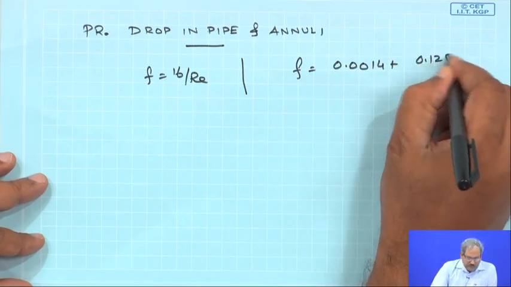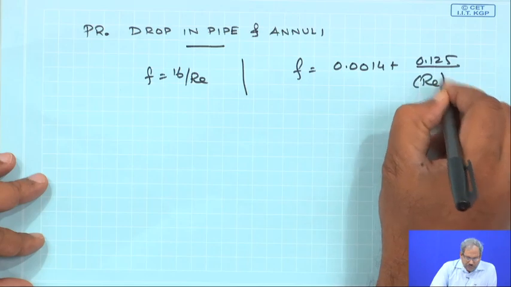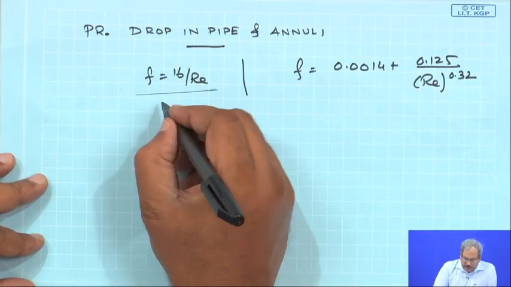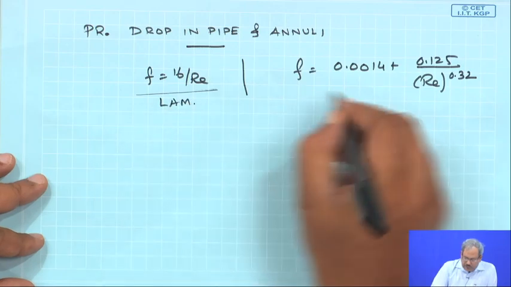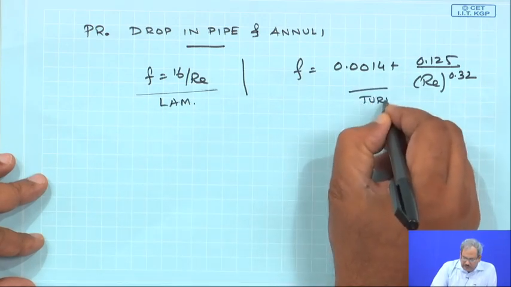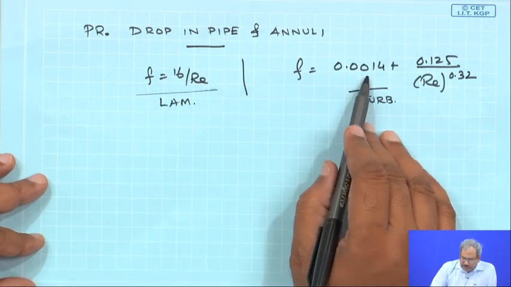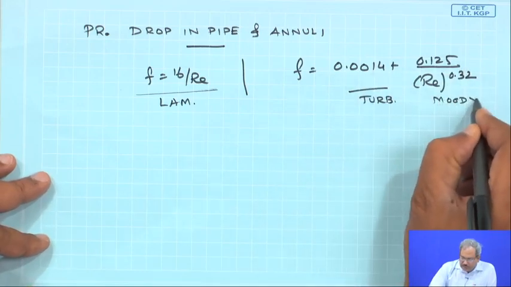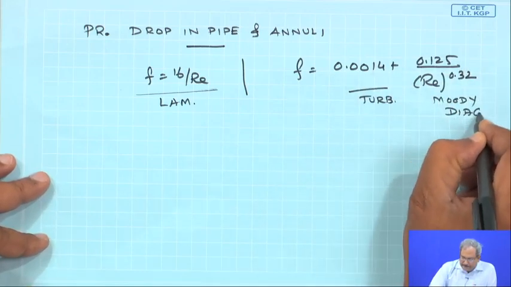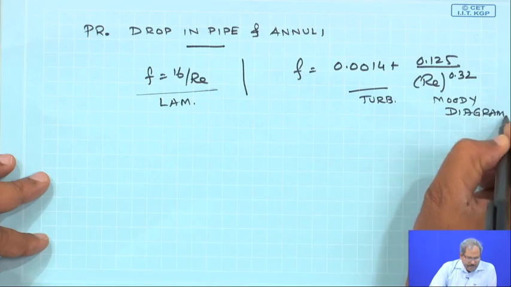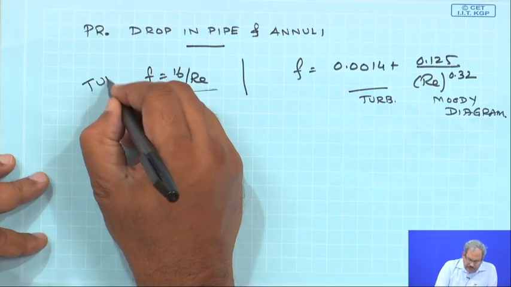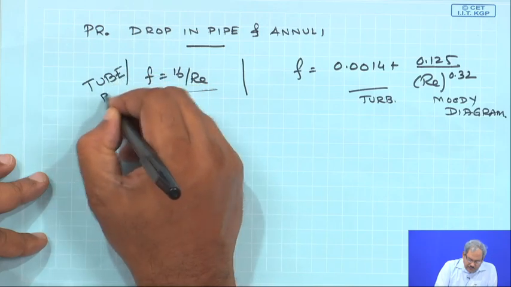All these relations are known to you. So, this is for the case of laminar flow, and this is for turbulent flow. You can use either this correlation or you can simply use the Moody diagram. And this is for the tube or pipe.